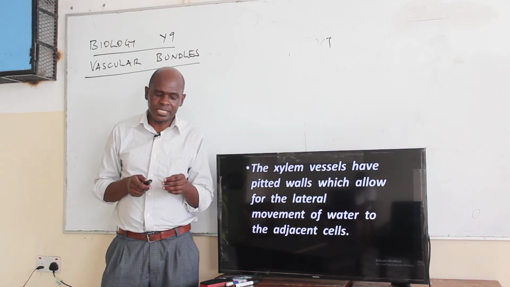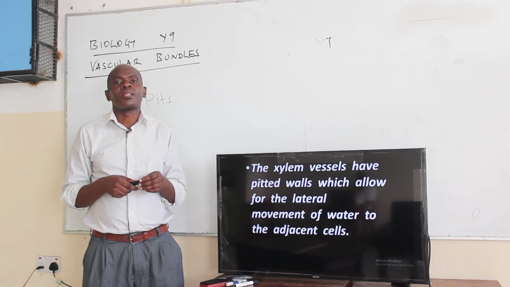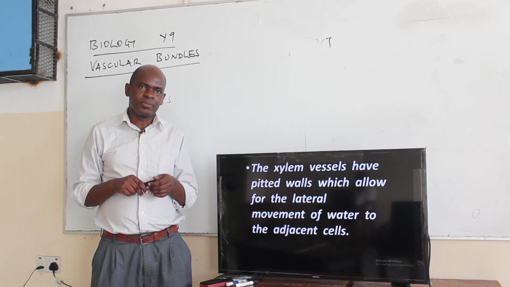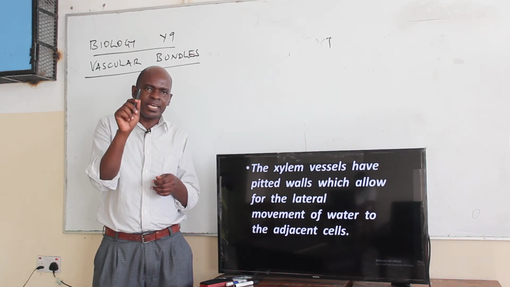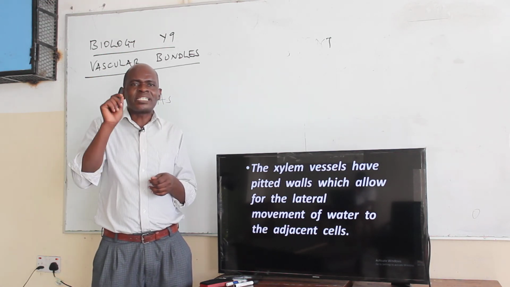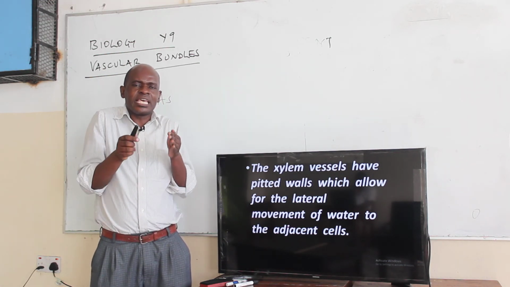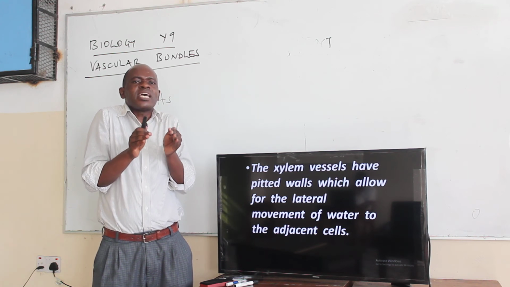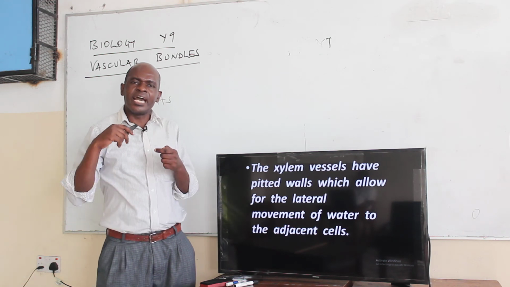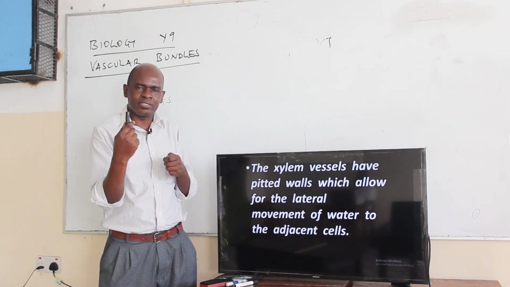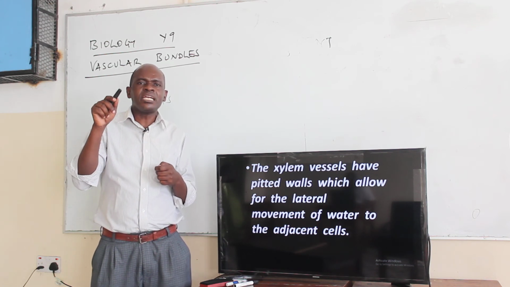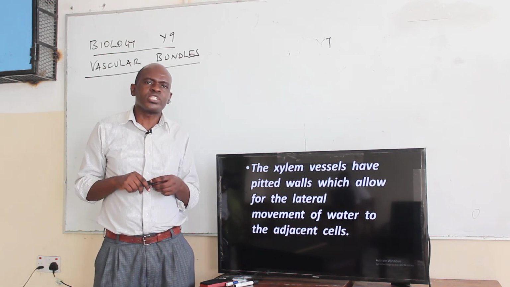These openings allow for the lateral movement of water out of the dead cells. Remember, we say the xylem vessels are composed of dead cells. But the adjacent cells, the cells around the xylem, are not just exposed on their own. They are surrounded by other living cells, and the surrounding living cells need that water.